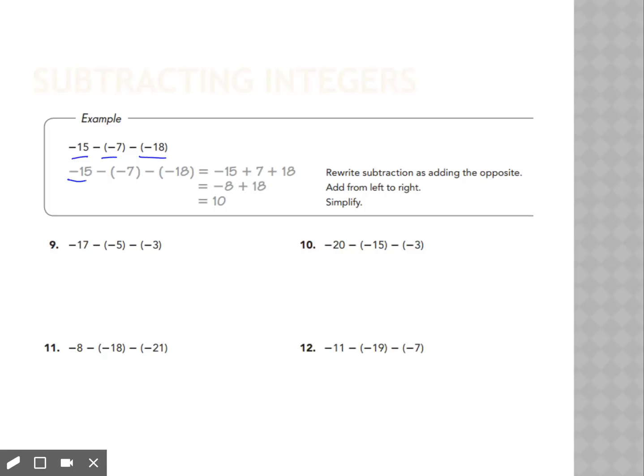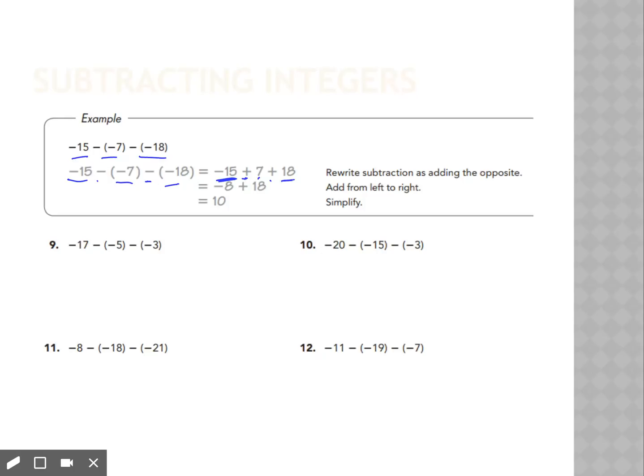So negative 15 stays the same. We change this subtraction to addition, and this negative 7 to its opposite. Its opposite is a positive 7. Then this subtraction sign becomes an addition sign, and negative 18 becomes its opposite, which is positive.